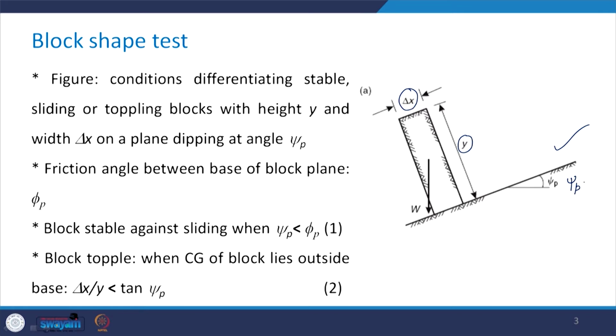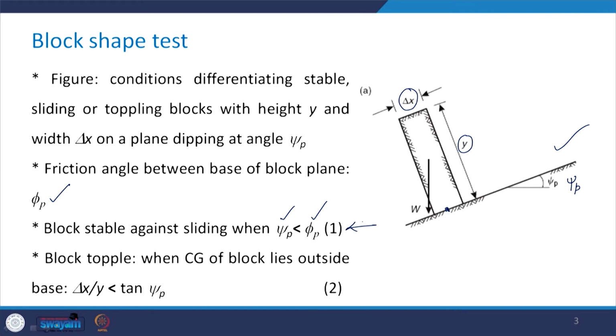The friction angle between the base of the block and the plane here is phi p. So, the block is going to be stable against sliding when psi p is less than phi p. That I am marking as equation number 1.